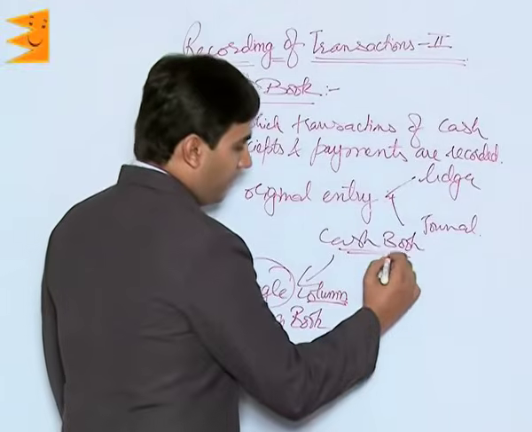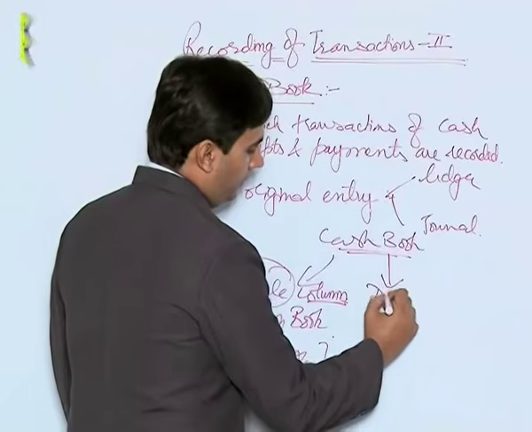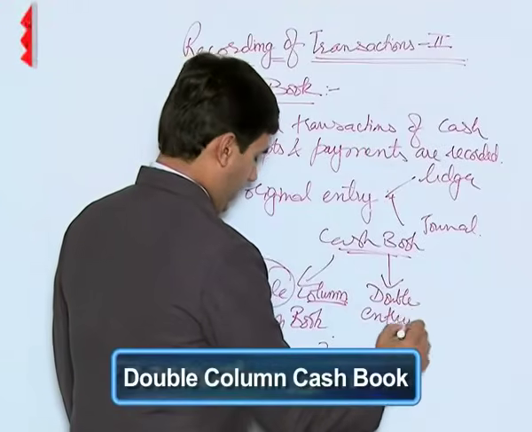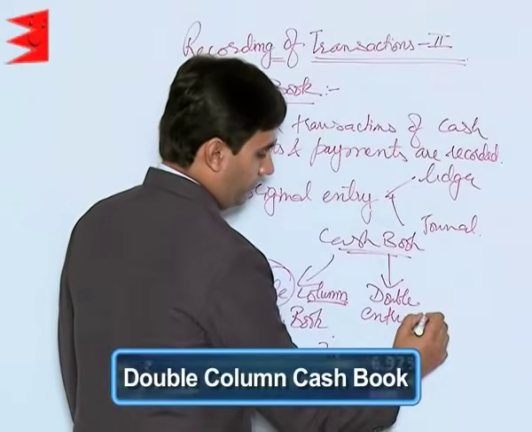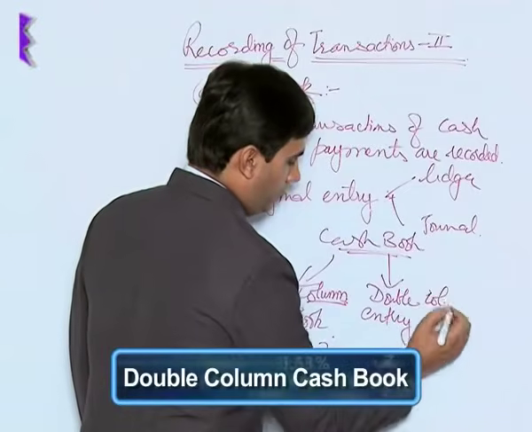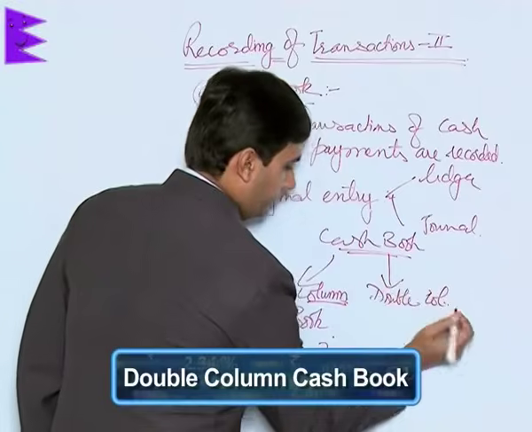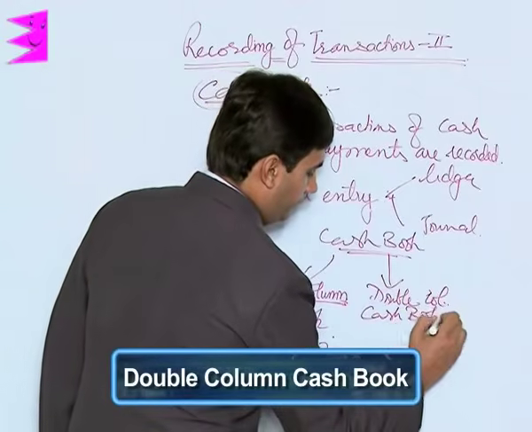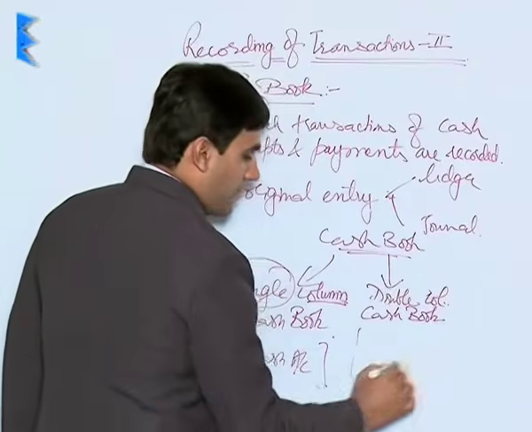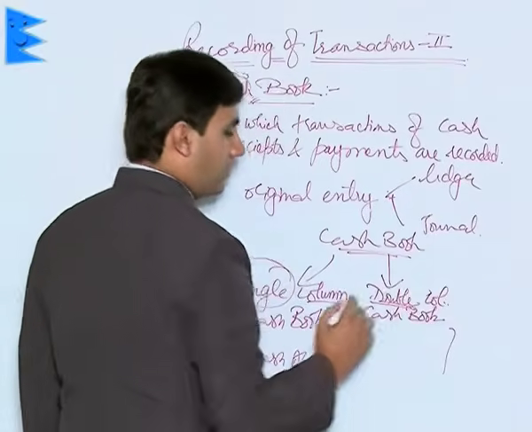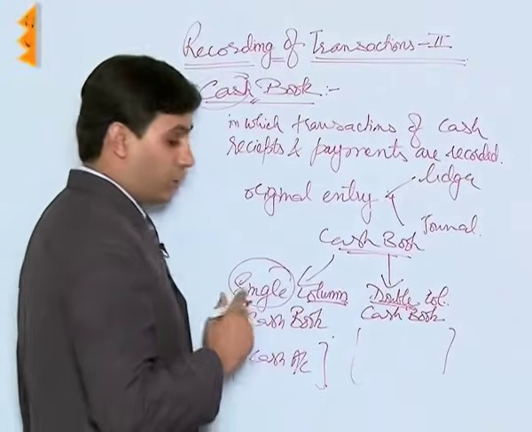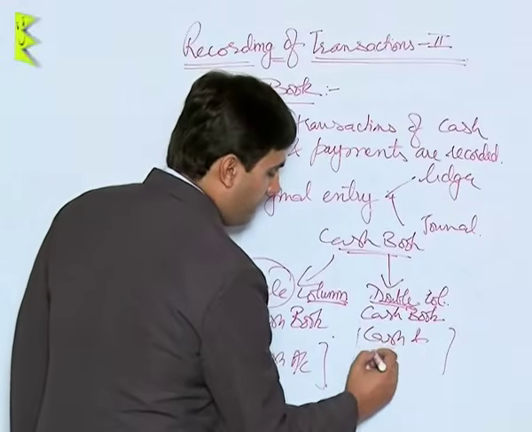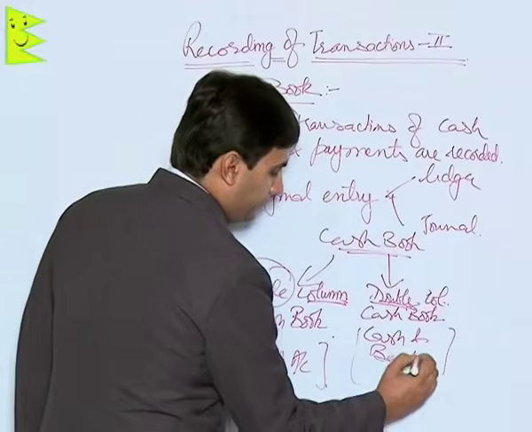The second type of cash book is double column cash book. As the name suggests, double column cash book. So, in this kind of cash book, two accounts, that is cash and bank, are maintained.